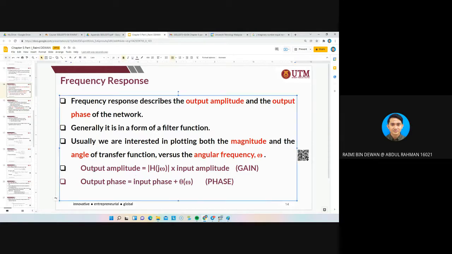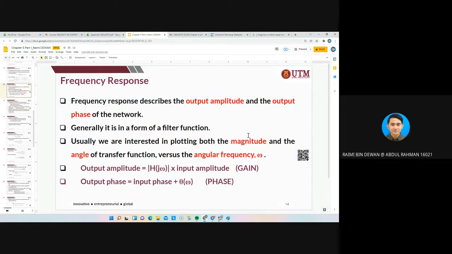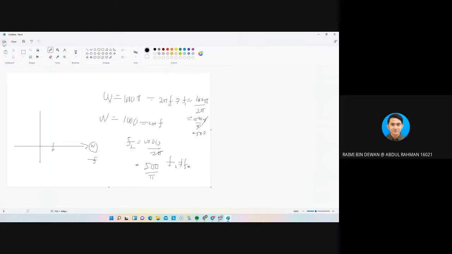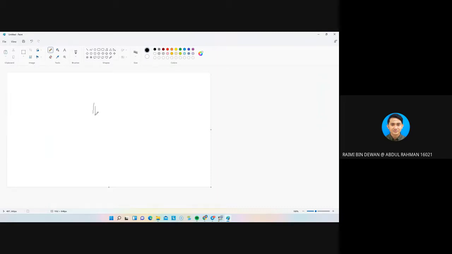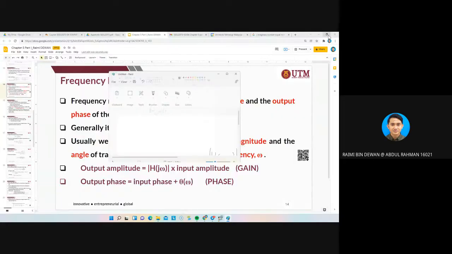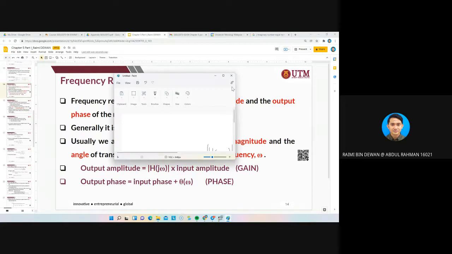So output amplitude is actually, you see here, output amplitude is H(jω) times input amplitude, which is the gain. So you have this H(jω). Now you want to know the gain, you can call it gain.